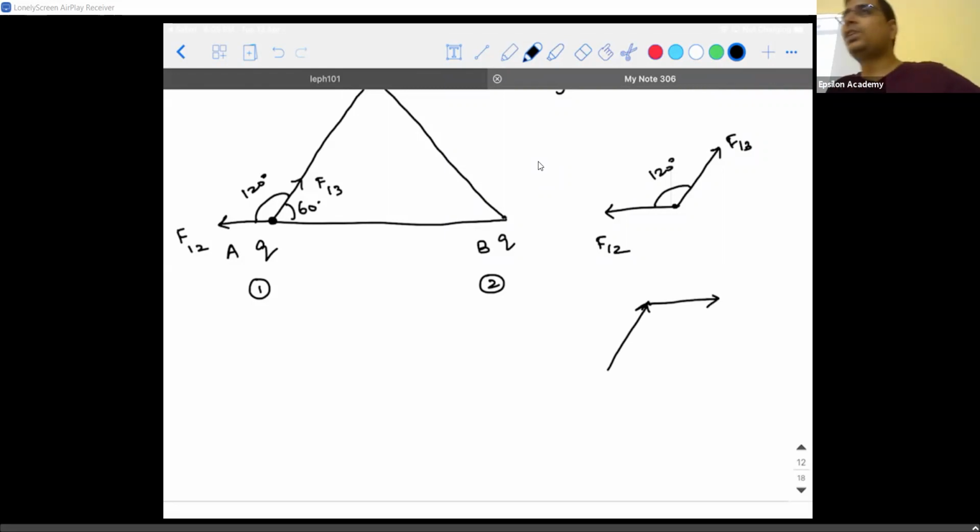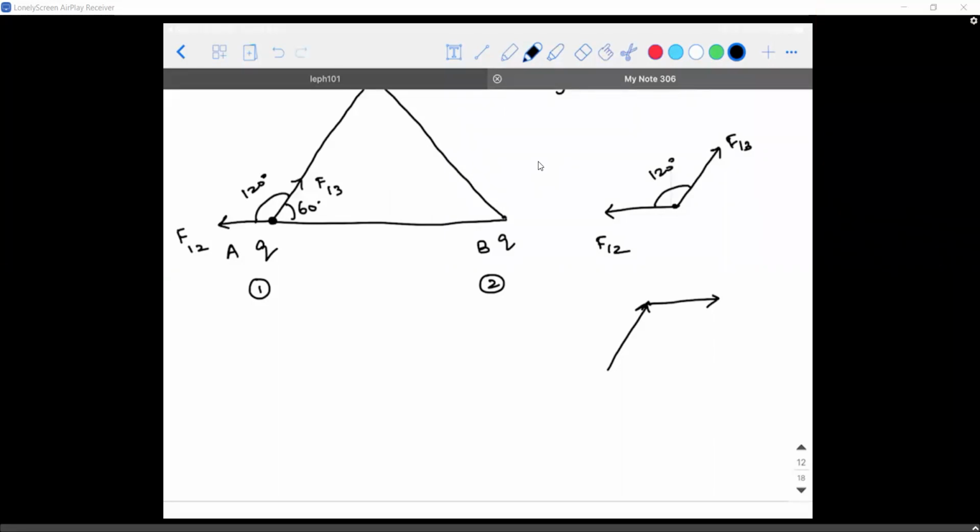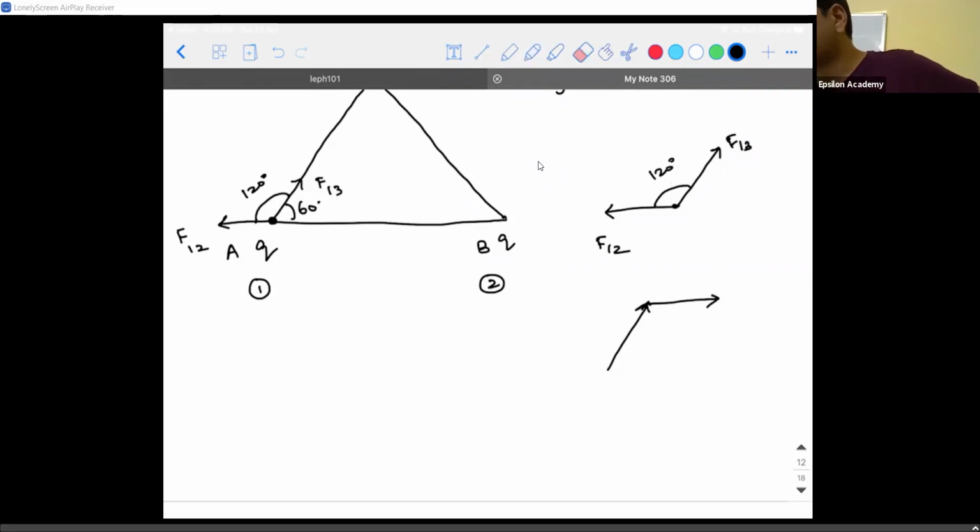Secondly, if you see two co-initial vectors and you want to find the resultant. What do you mean by co-initial? Co means same, initial is same starting point. If they have the same starting point, then you need to think of parallelogram law of vectors. What is the formula for the resultant?